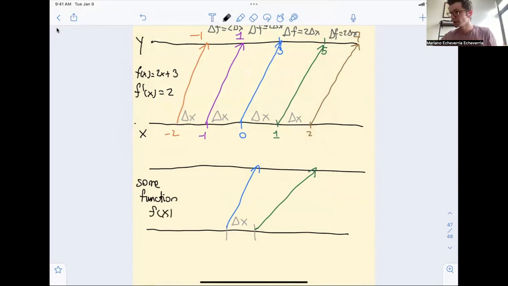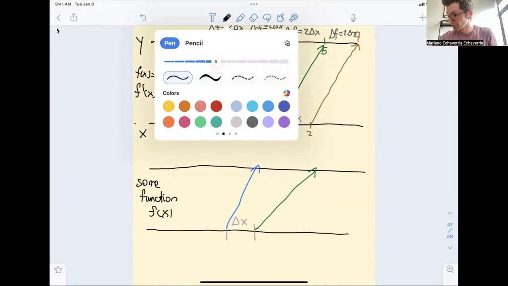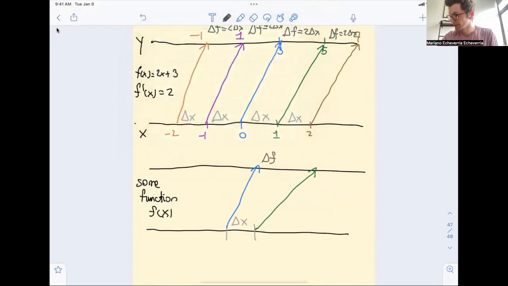These get mapped to some numbers there, and there's a corresponding delta f here. The linear approximation tells you by how much the values upstairs differ. So it gives you an interpretation of the derivative as a rescaling between the distances between the values of x and the y values. Is that making sense?